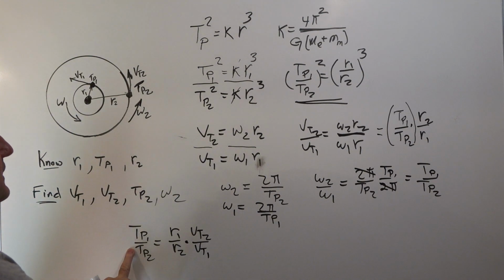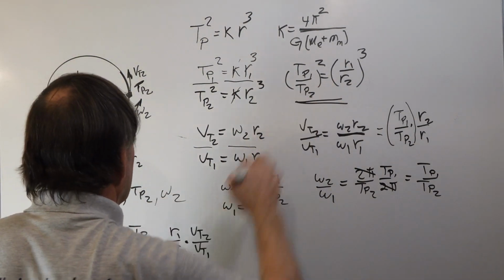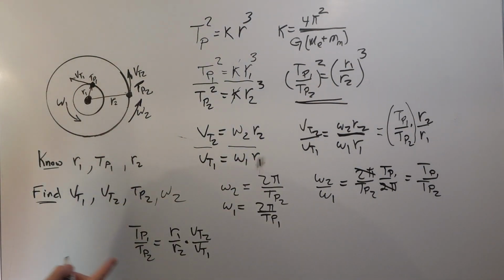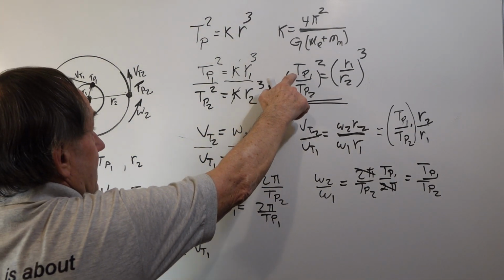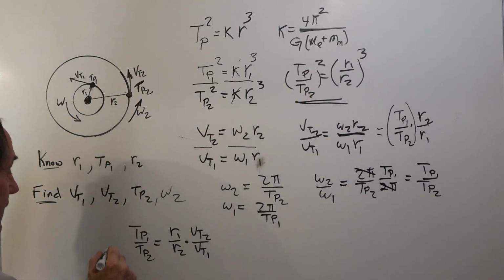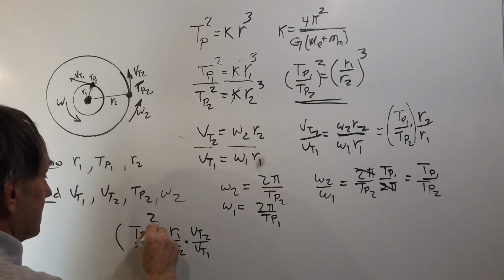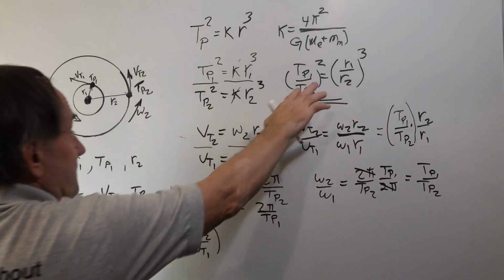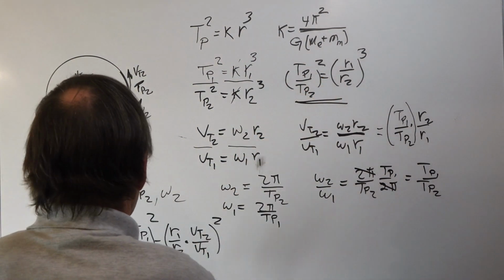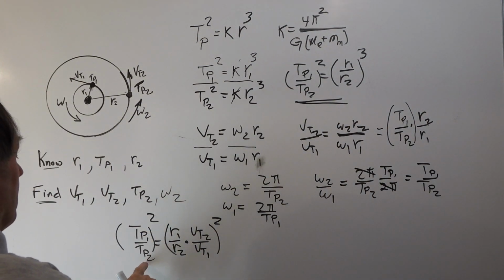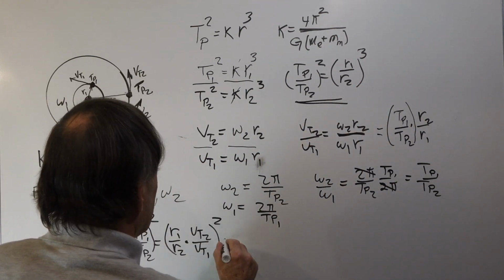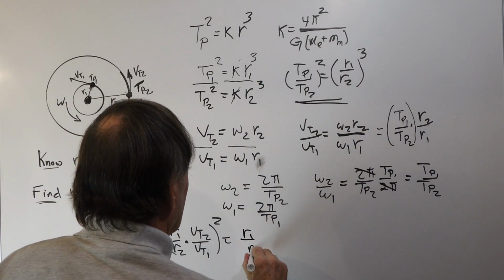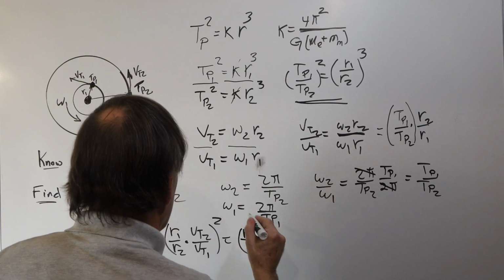Now we can take this ratio and substitute it into this equation. Before we do it, we'll square both sides of the equation, since TP1 over TP2 is squared in the equation. So TP1 over TP2 squared is this value, and that is equal to R1 over R2 cubed.